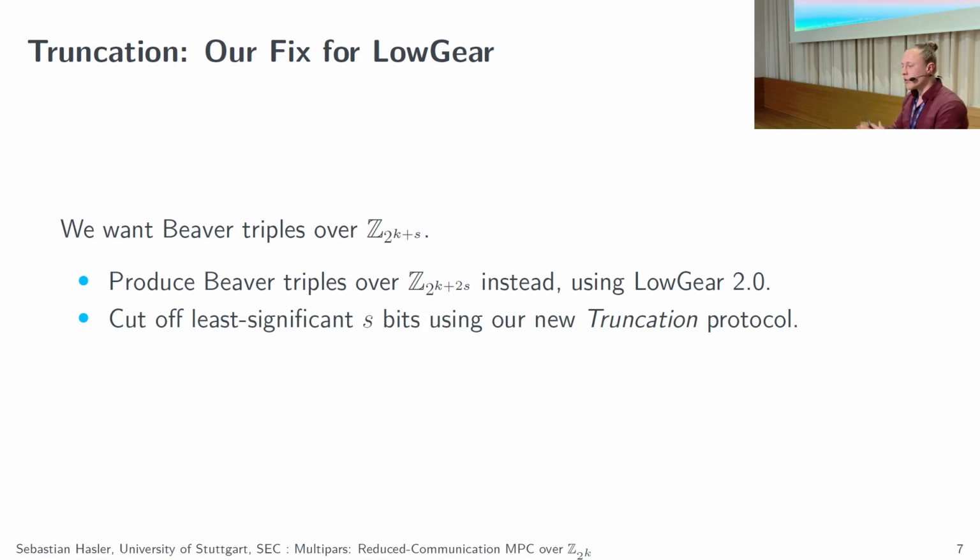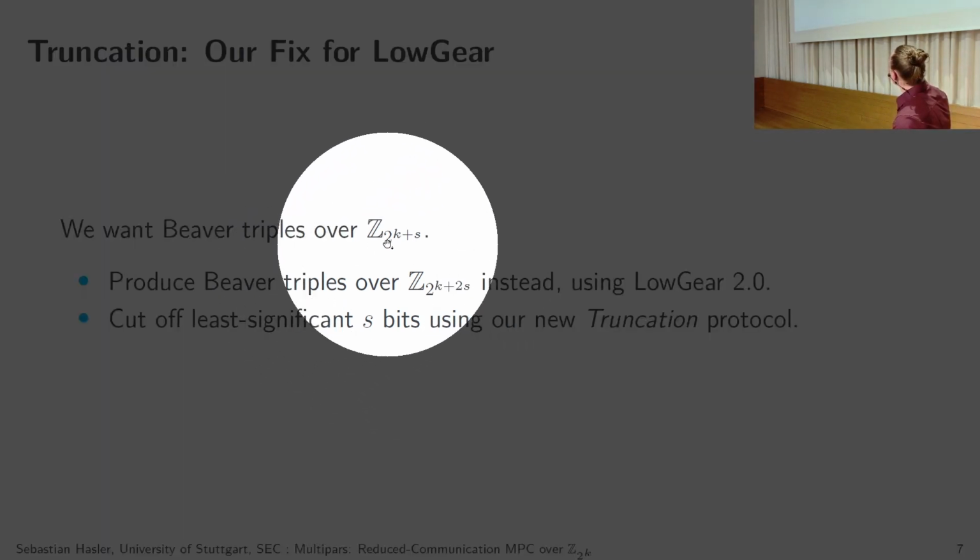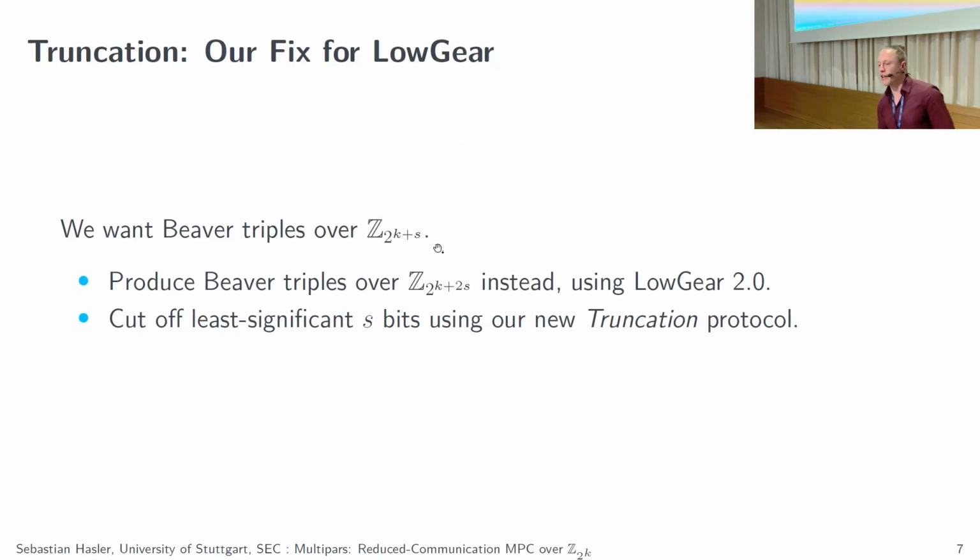So some least significant bits can be learned, but we cut off the least significant s bits from the resulting Beaver triples using our new truncation protocol. And then we obtain again Beaver triples over Z2k plus s. And all of the bits which might have been leaked using selective failure attacks are now thrown away anyway.